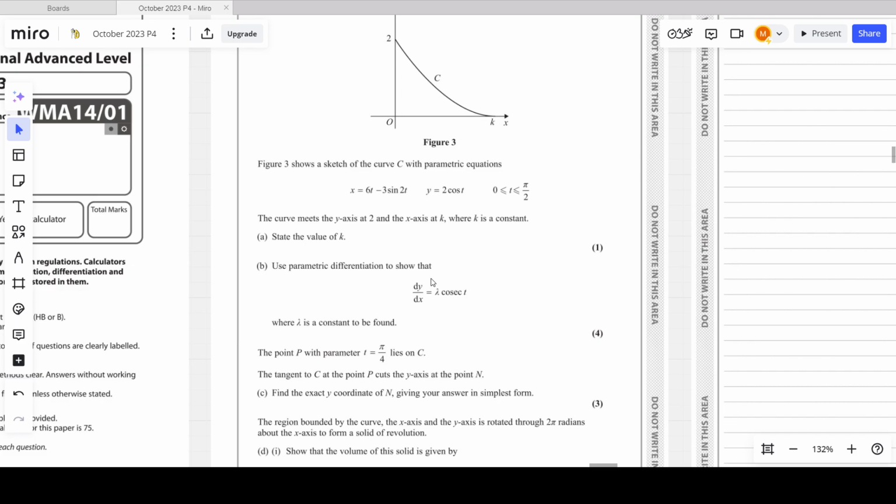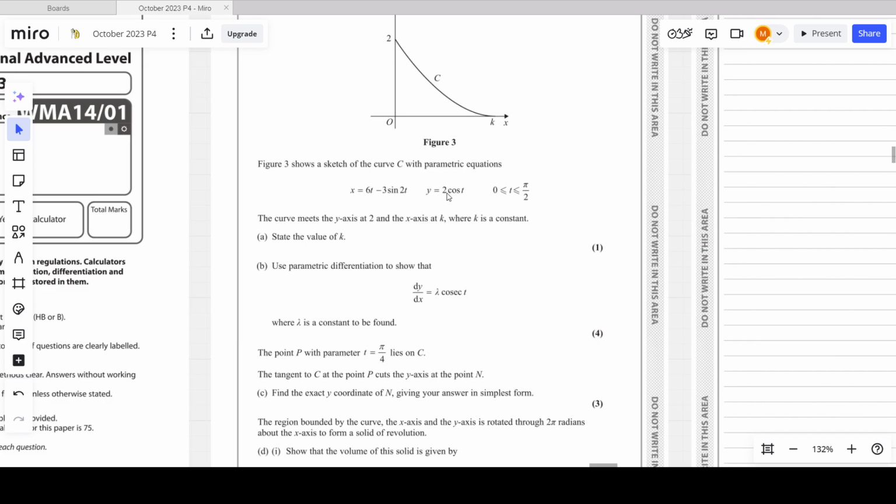To solve this question, you should have a clear idea about parametric differentiation and volume of revolution, and also integration by substitution. So let's get started.